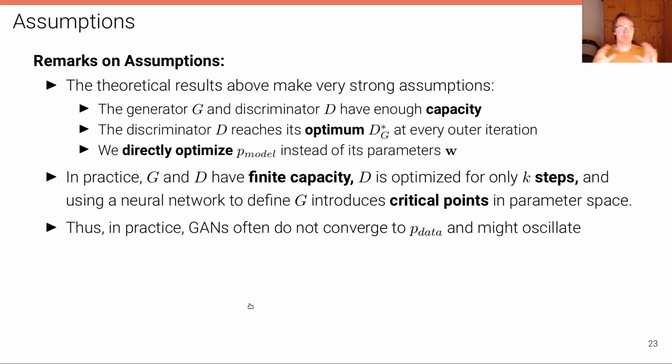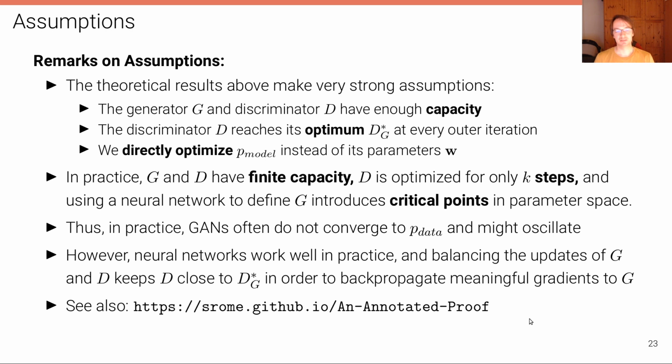So these are the assumptions of the theoretical results, but in practice, G and D have, of course, finite capacity, and D is optimized only for a few steps. And using a neural network to define G introduces critical points in parameter space. So of course, we have local minima in practice. And therefore, in practice, GANs often do not converge to P data. They might even oscillate, as we'll see.